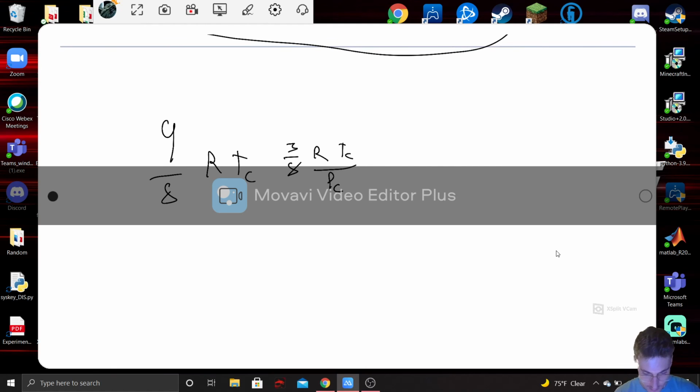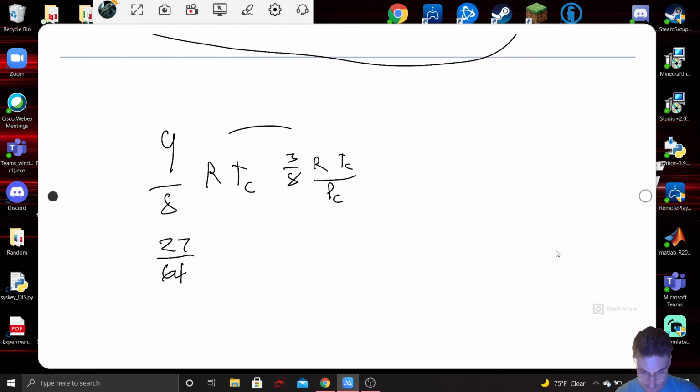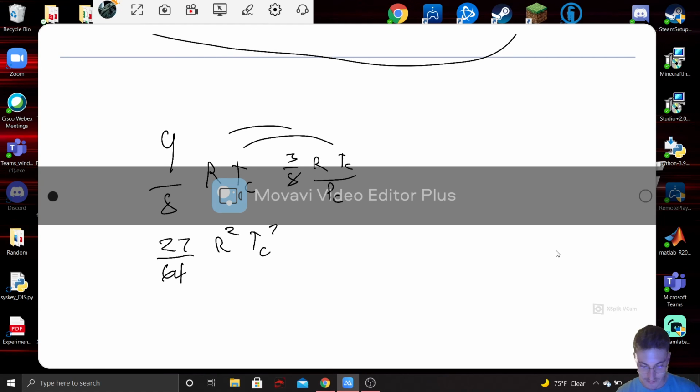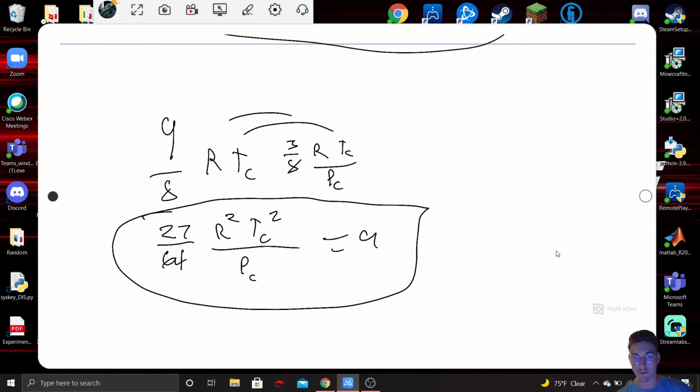So then this becomes 27 over 64, and then that's just R squared TC squared over PC, and this is equal to our A parameter of that value without knowing the critical volume.